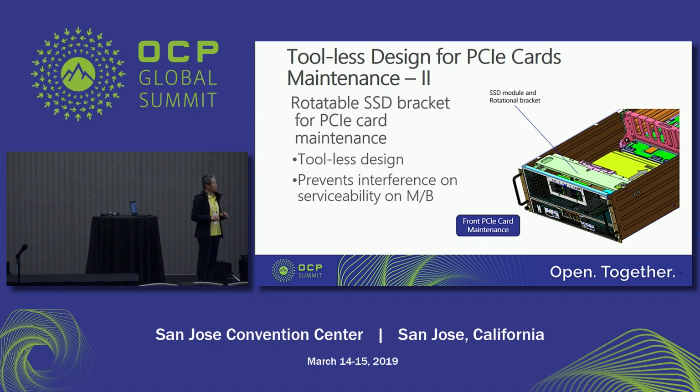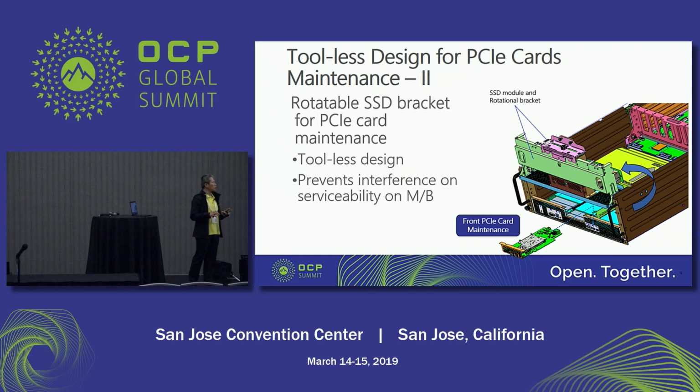It is designed to be rotatable: when you rotate it upward 90 degrees, you can do all the maintenance on the motherboard, although it is at the bottom U of the system. You can remove the PCIe cards easily, or you can also do maintenance on the CPU and the memory on the motherboard. So it is a completely toolless design and also prevents any interference to serviceability of everything on the motherboard.